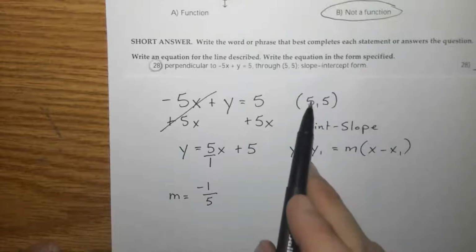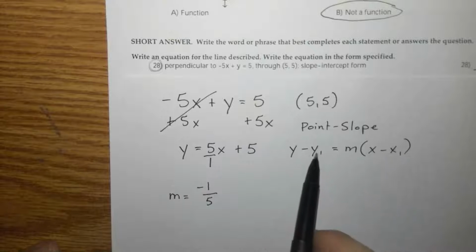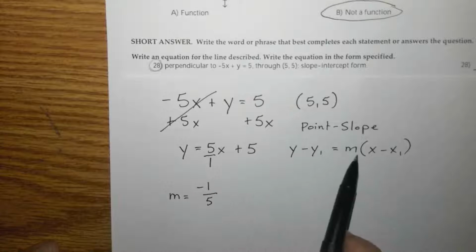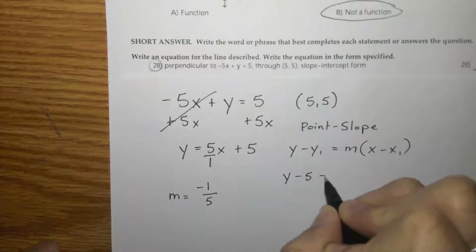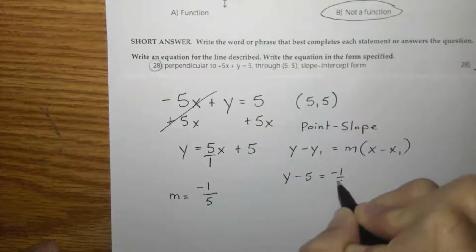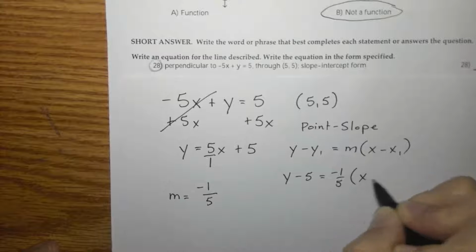And so we can just plug in our x, we can plug in our y here, and then plug in our slope here. So this is going to be y minus 5 equals -1/5, and then we got x minus 5.